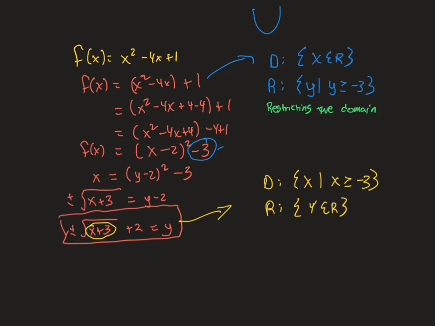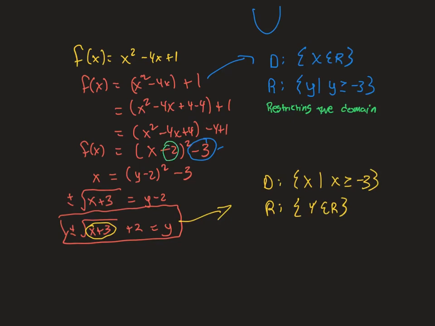I'm going to try with the right side here. No, let's go with the left side here. So if I'm going to go with the left side, then you're going to be looking at x is less than or equal to 2.